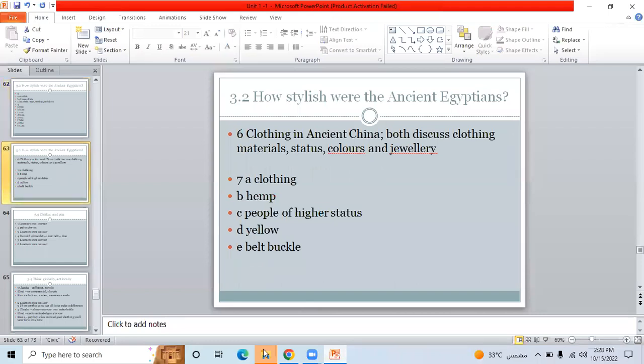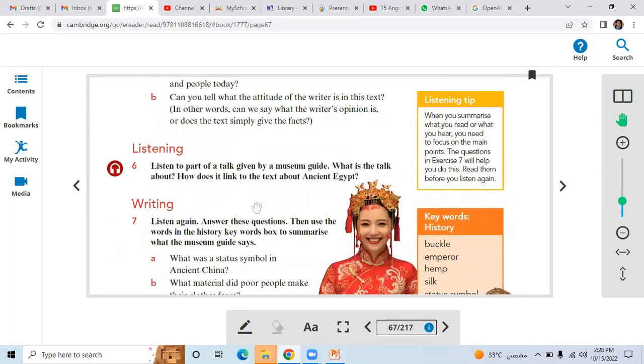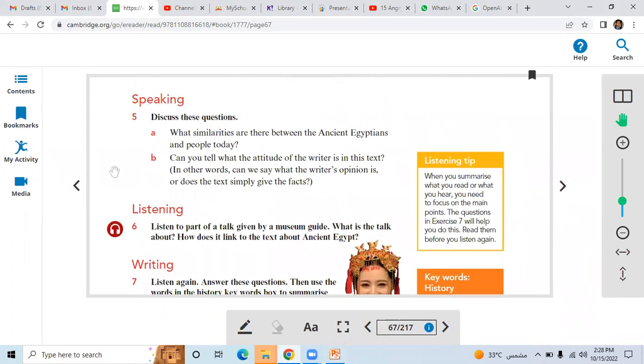All right, let's move to question number 5. This is what we discussed during class: what similarities are there between ancient Egyptians and people today? I got your answers. Can you tell what the attitude of the writer is in this text? In other words, can we say what the writer's opinion is, or does the text simply give the facts?